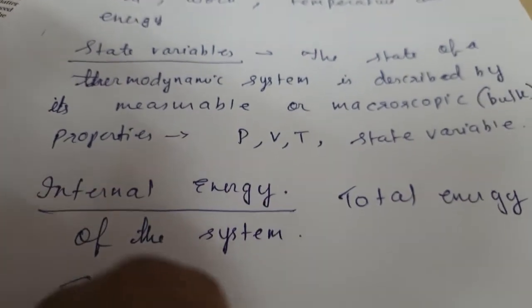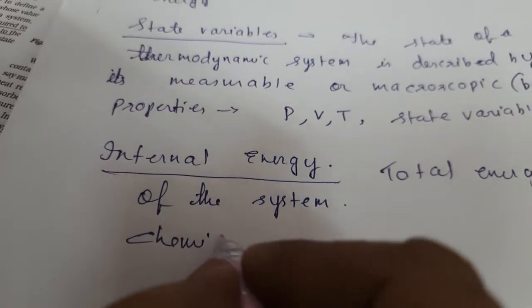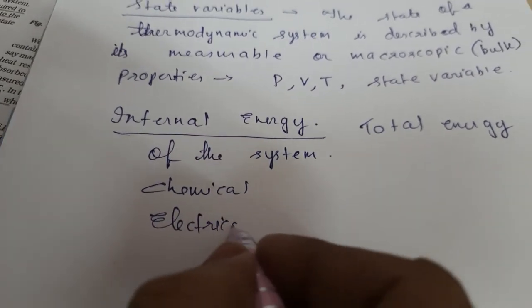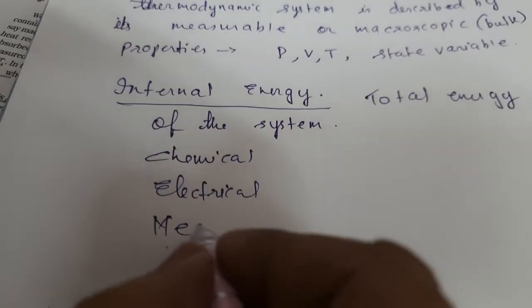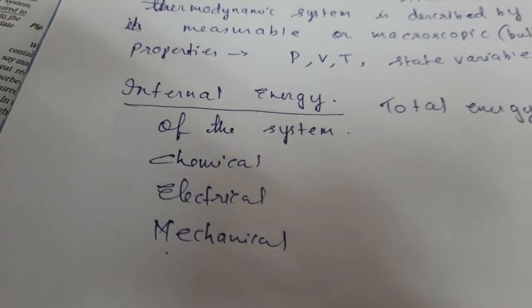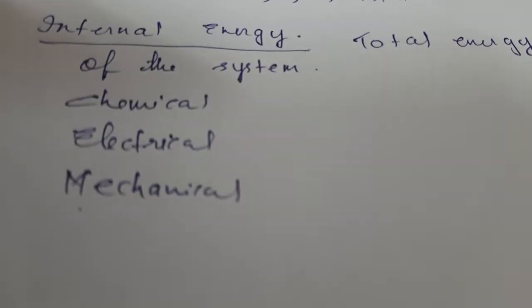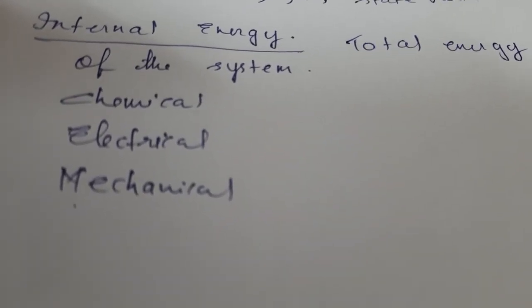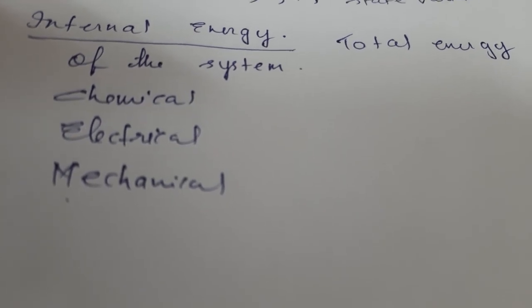ठीक है. Energy could be chemical, energy could be electrical, energy could be mechanical or any other type of energy could be there. So this is known as internal energy. The sum of all these energy is total energy.